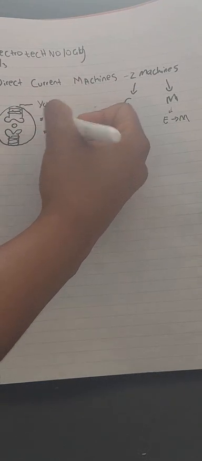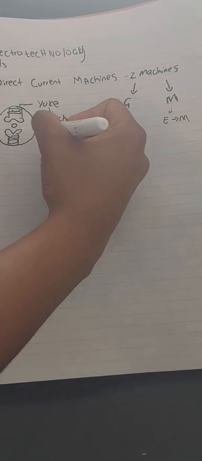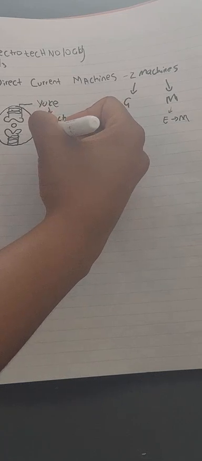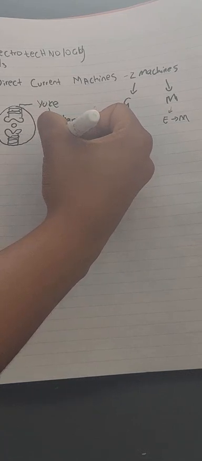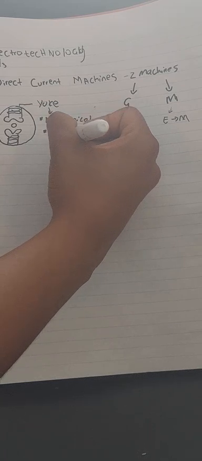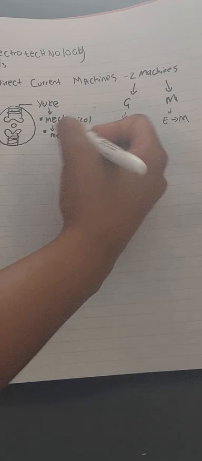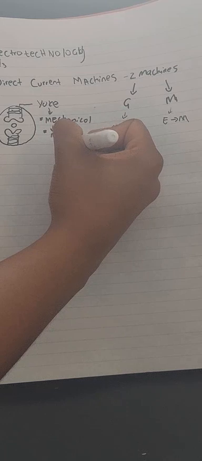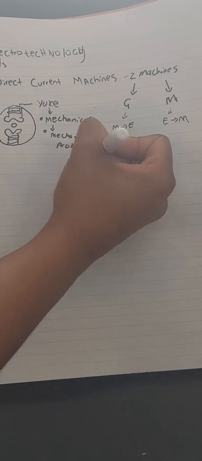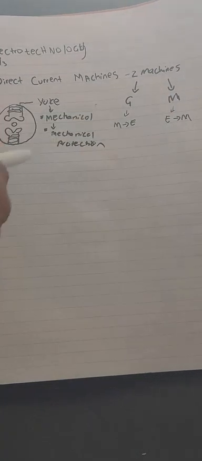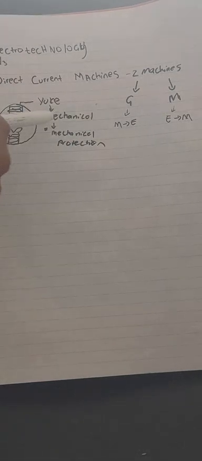The second function of a yoke is mechanical protection. The first one is mechanical support of the field system, and the second one is mechanical protection of the whole system.